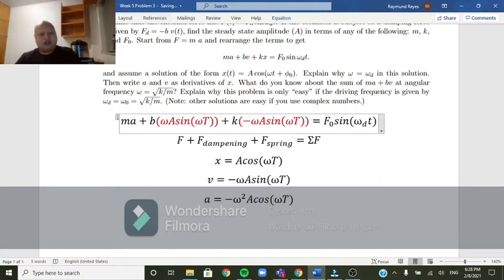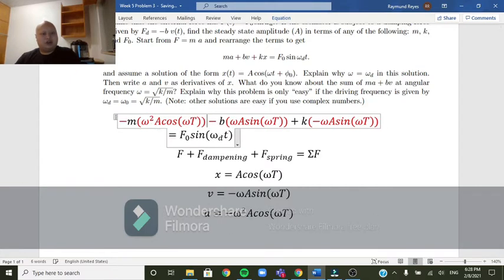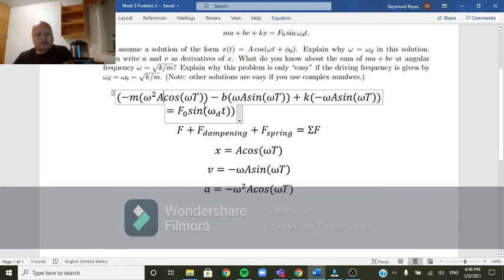So you would get b times negative omega A sine omega t, and then do the same thing for acceleration. Don't forget the minus, and you'll get that a will turn into negative omega squared A cosine omega t, and you're left with all this. When I was editing this video, I forgot that the t needs to be lowercase since it's time, not period. They use the same unit anyways, but still.